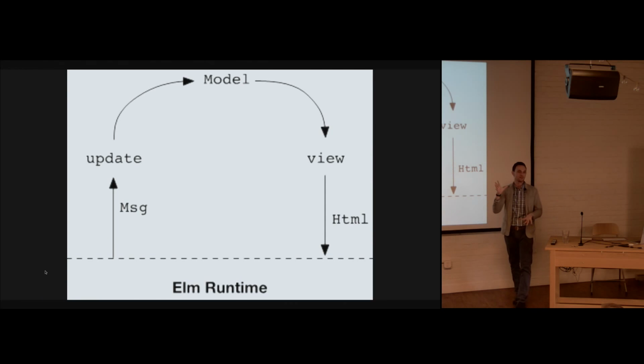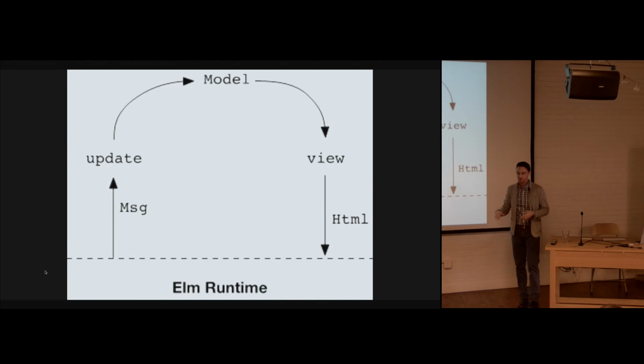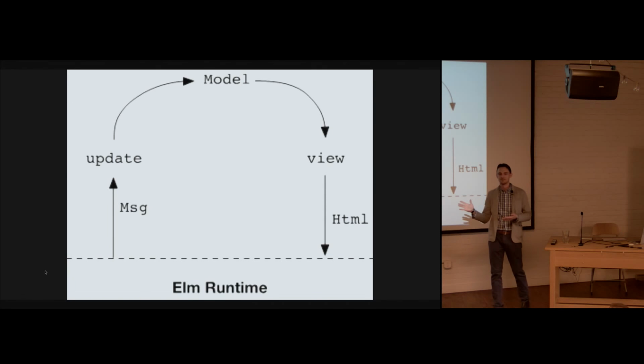So when you click a button, it's going to release something to eventually your update function. Or if you do an HTTP request, you say when this comes back, emit this message for me so that I can respond to it, and then I can update my model appropriately.